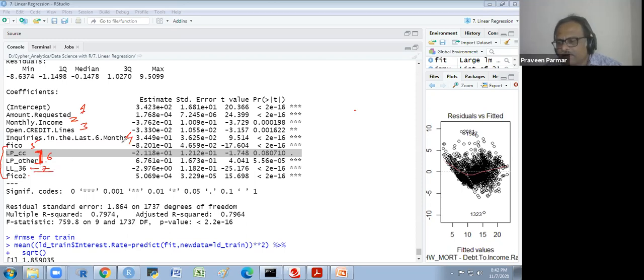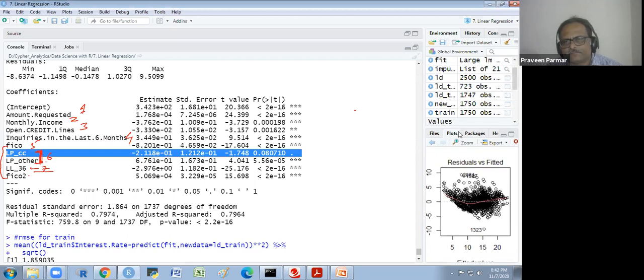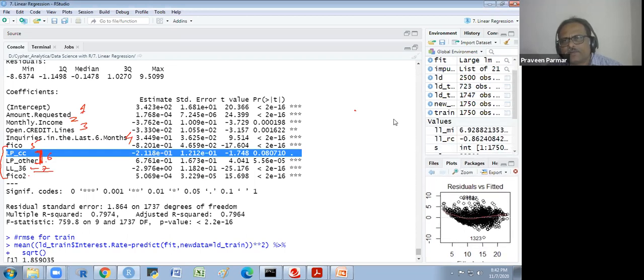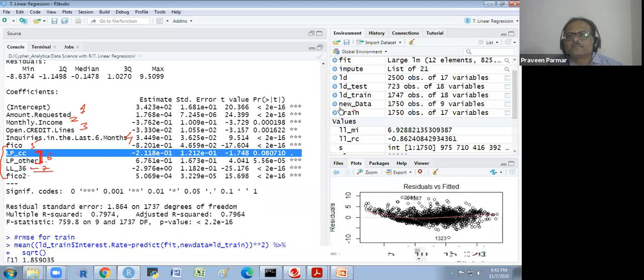And previously we had how many? 17. We had 17 variables. Here you see we have 18 variables because the FICO square we have included there. So we actually had 17 with dummy.